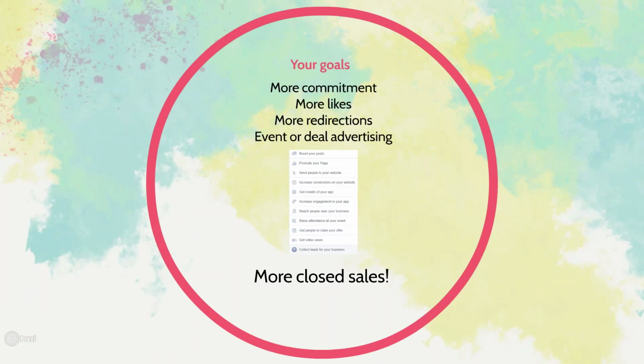You have to think about your goals. This is very simple, this is obvious, but think that maybe you don't want more likes. Maybe you want some commitment. Maybe you would want some more comments from your clients, from your potential clients. Maybe you want more redirections to your website, because not every page on Facebook has to be completely oriented on sales.